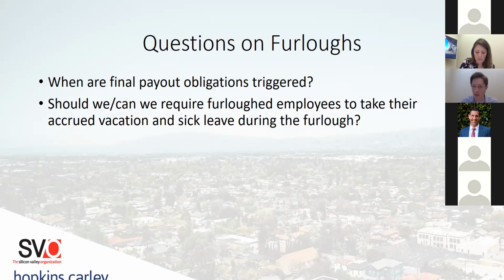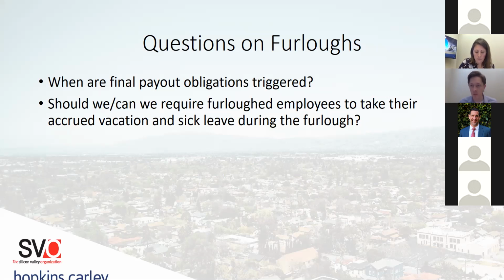Again, remembering that this term furlough is not specifically a legal term of art. It's a common term used to basically tell an employee that we don't have work for you, or we're not assigning you to work for this given period or for the unforeseeable future.